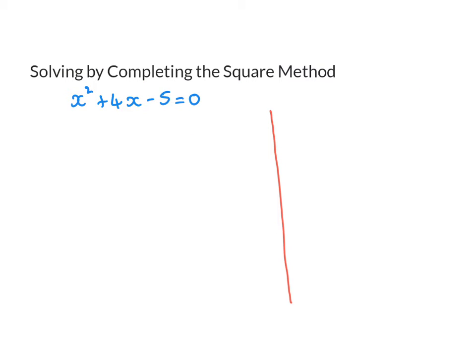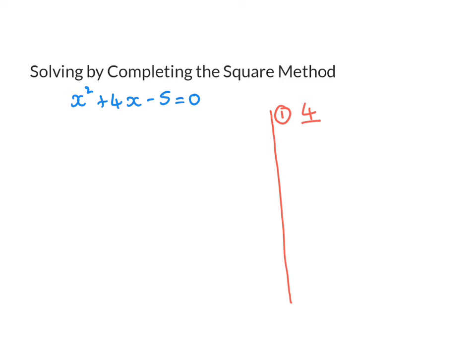Let's try to solve this by completing the square method: x² + 4x − 5 = 0. Okay, look at the steps now. The first step in completing the square method is to take half of the coefficient of x. What is the coefficient of x over here? It's 4.